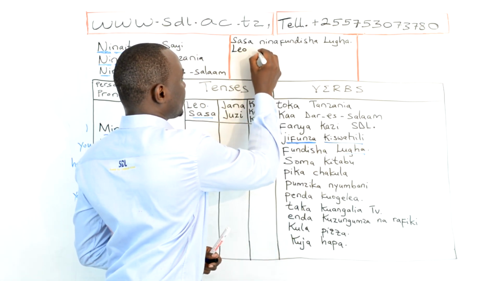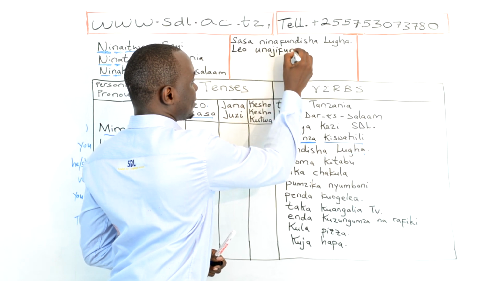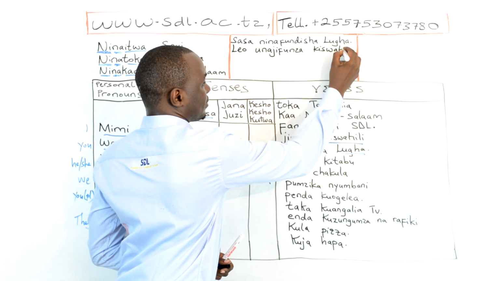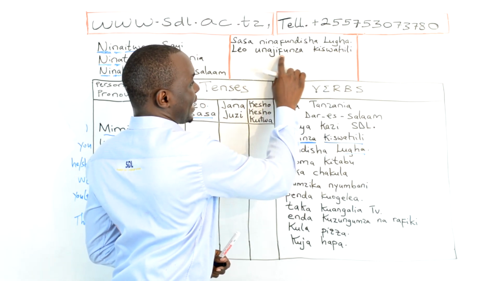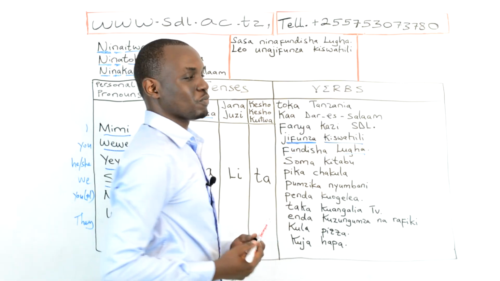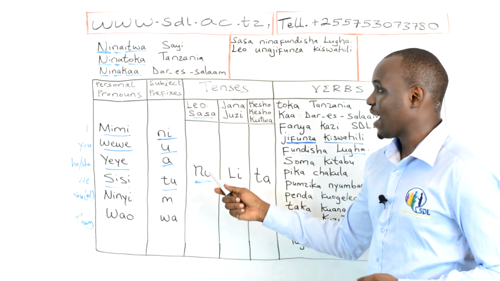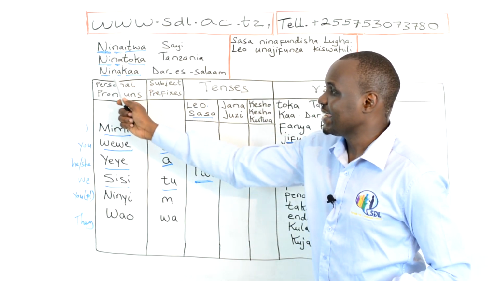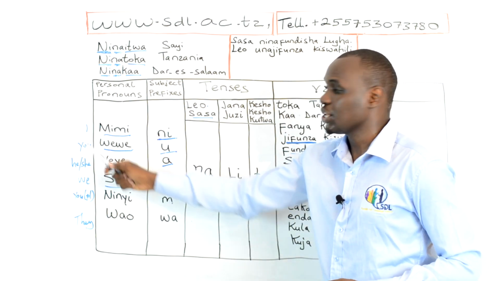Leo unajifunza Kiswahili. Today you are learning Swahili. So we have seen how it's not only nina every time. It can also be u when we want to say you.